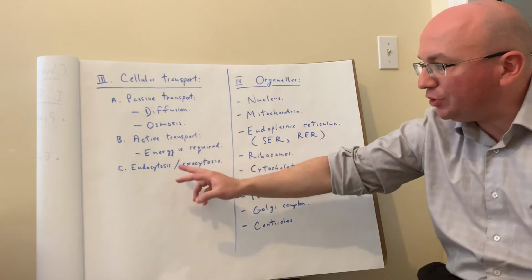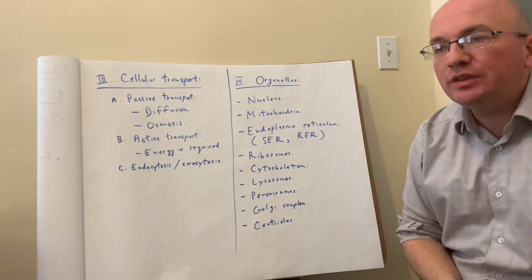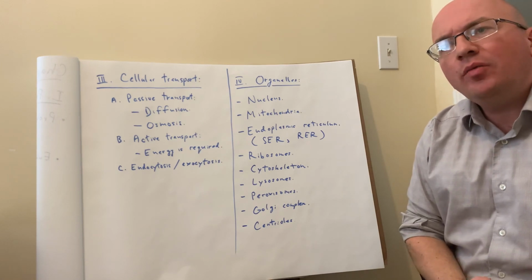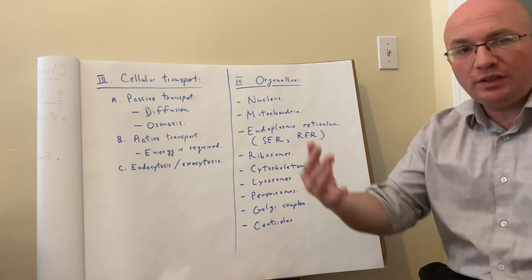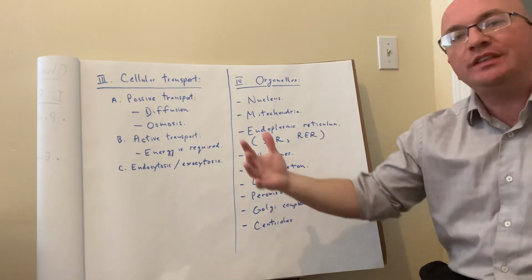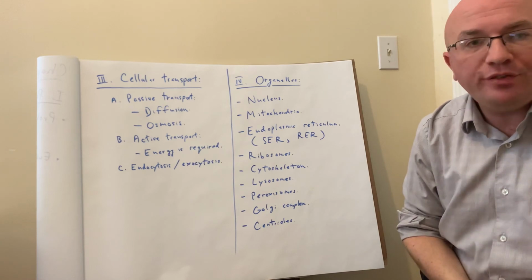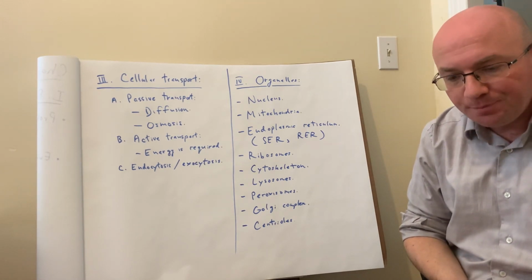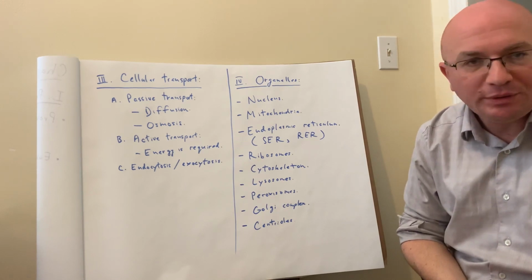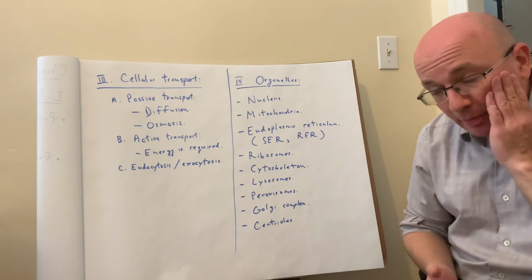Other active forms of transport are endocytosis and exocytosis, and these are quite a bit more complex. Essentially, if it's endocytosis, endo meaning inside, this is when a cell is trying to swallow something very large. We'll see this with macrophages, which are very common cells in the immune system as part of the defense mechanisms of the body to protect us against bacteria and viruses and other types of microbes.